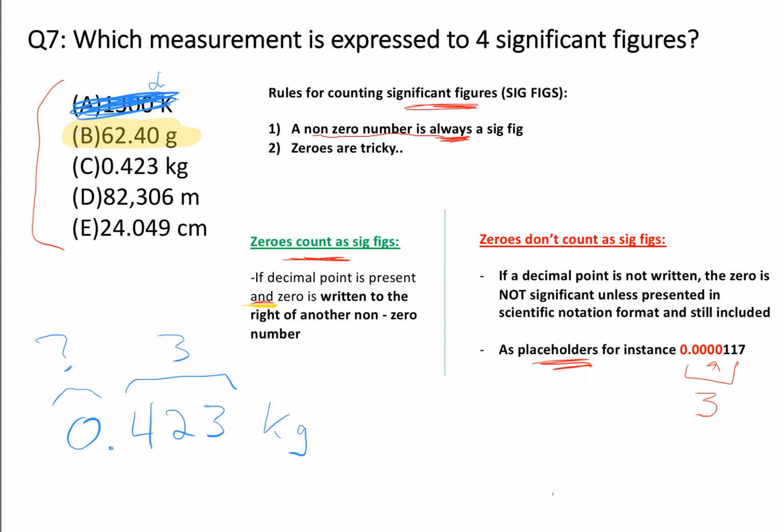For the 0 to count, the decimal point must be present, and the 0 has to be written to the right of some other non-zero number. The problem is this is to the left of the non-zero numbers. So that one is not significant, and as a result, this value has 3 sig figs. So that one doesn't work as an answer either.